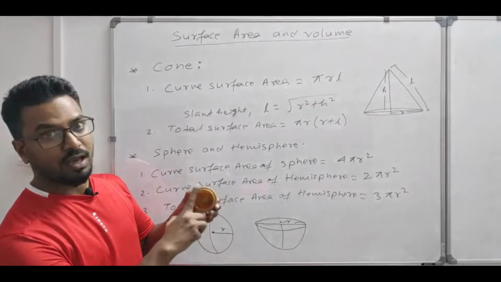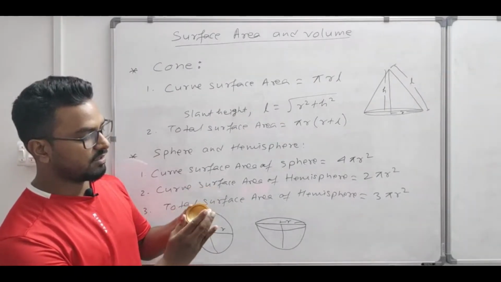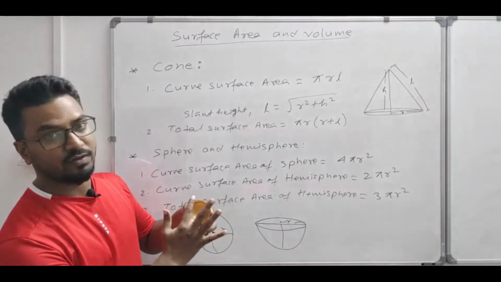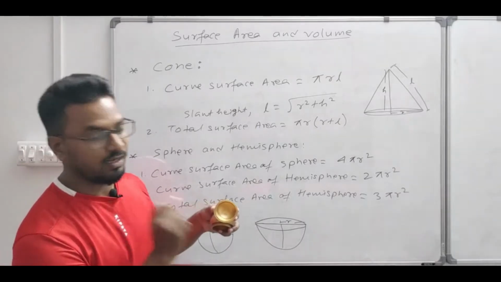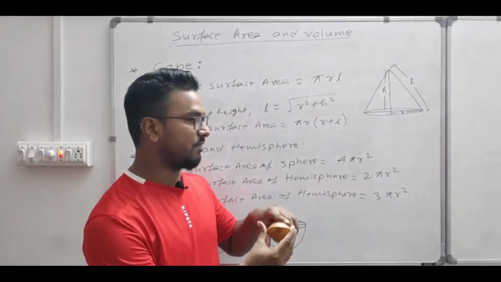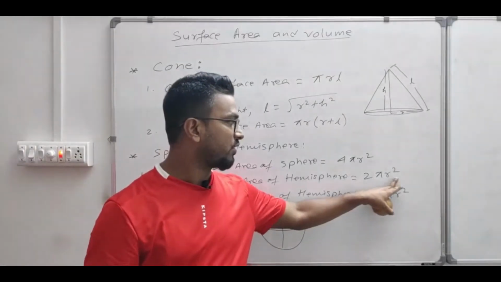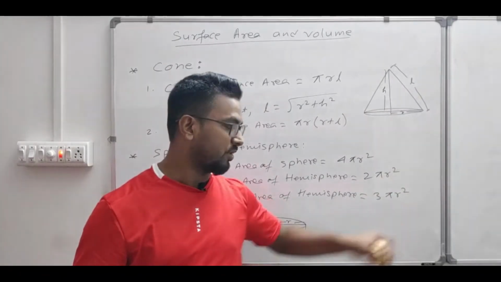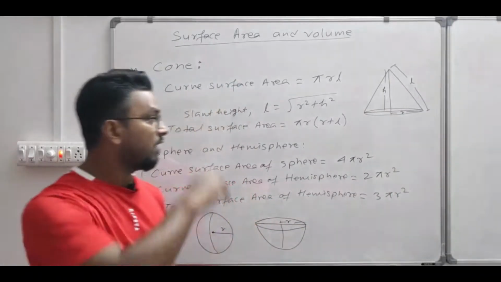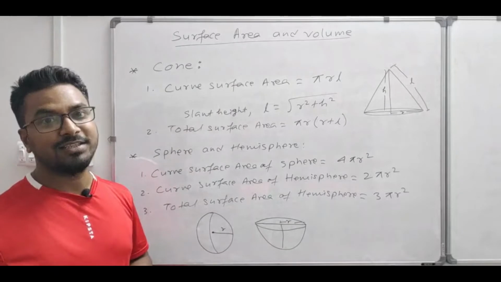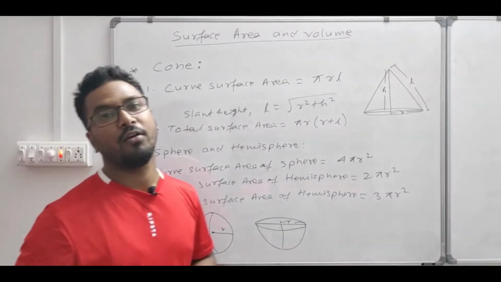This will be another surface, the surface of a circle. So area of circle plus curved surface area, 2 pi r square plus pi r square, it will be 3 pi r square. We will be using all these formulas in exercise 13.3 and 13.4.